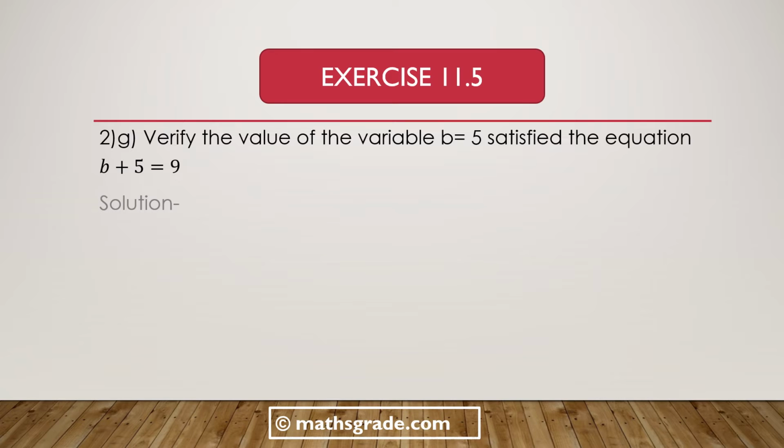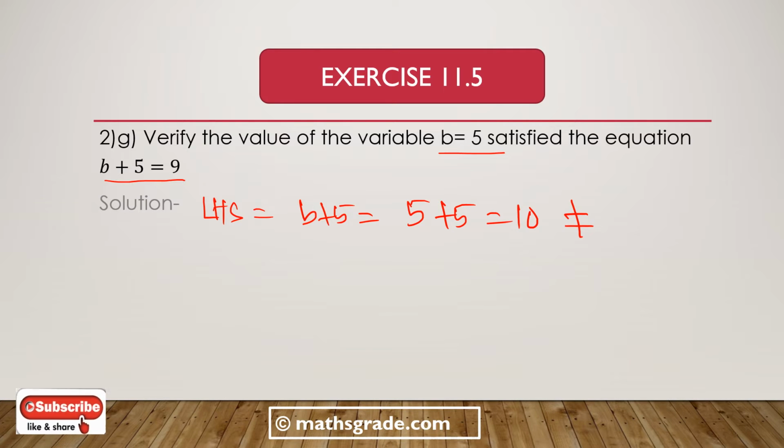Now G bit. Verify whether the value of the variable B equal to 5 satisfies the equation B plus 5 equal to 9 or not. We substitute the value B equal to 5 in the left hand side of the equation. Left hand side is B plus 5. Substituting B equal to 5, 5 plus 5 is 10, and 10 is not equal to 9.